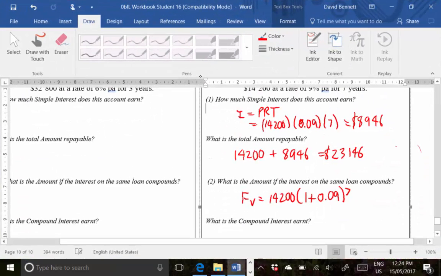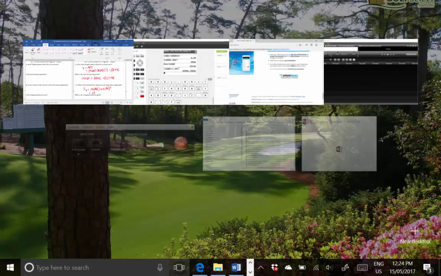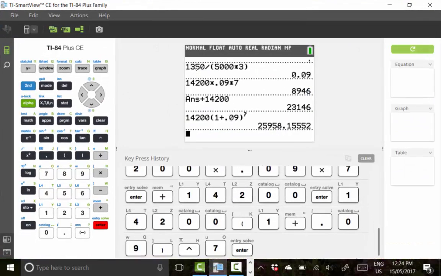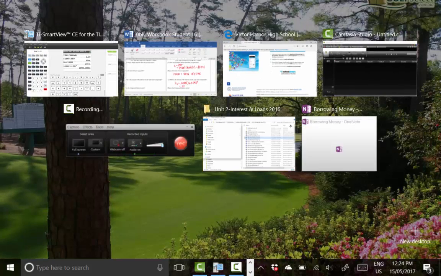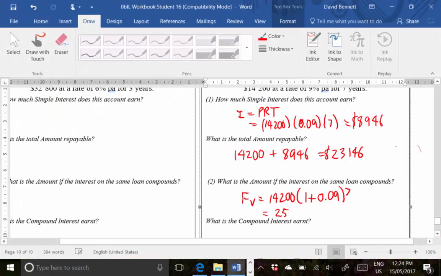25,958 and 16 cents. I can't remember what I just had on my calculator, but it's 25,958 and 16 cents is what our account's worth. So how much of this is actually interest?